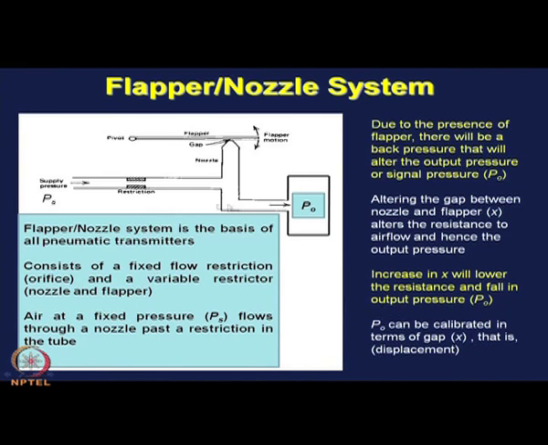This is a flapper nozzle system, the basis of all pneumatic transmitters. The flapper nozzle system consists of a fixed flow restriction or orifice and a variable restrictor, nozzle and flapper.